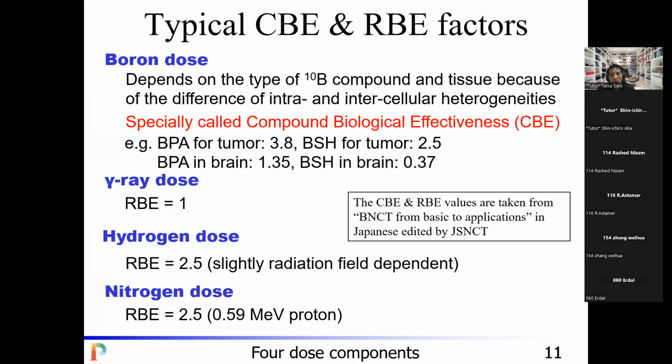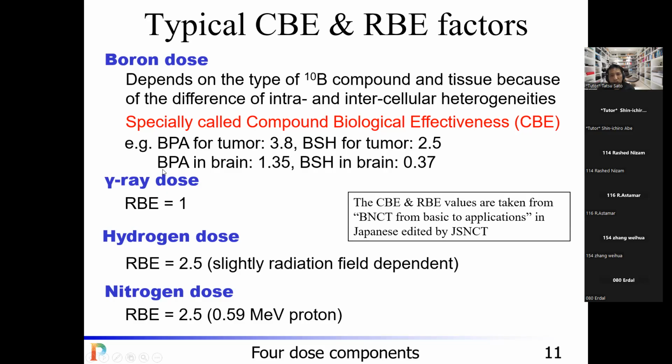So this CBE factor includes the boron density and boron RBE too. For example, with BPA for tumor, boron density is high, and also boron concentration is high, so the CBE factor is quite high, 3.8.